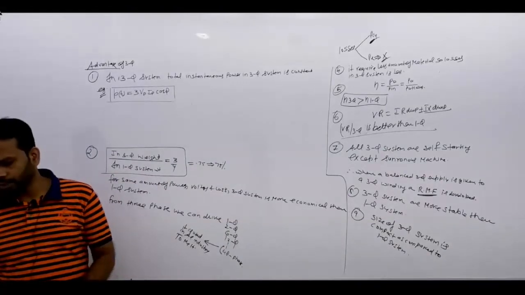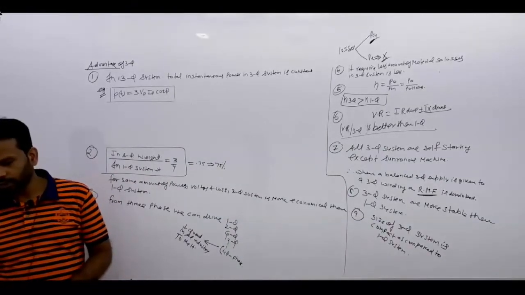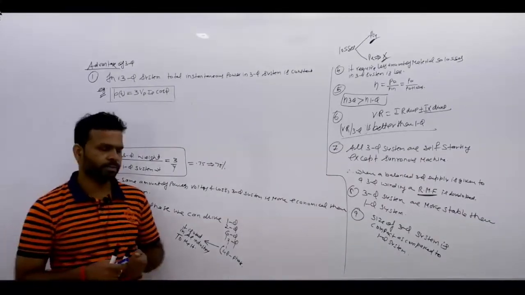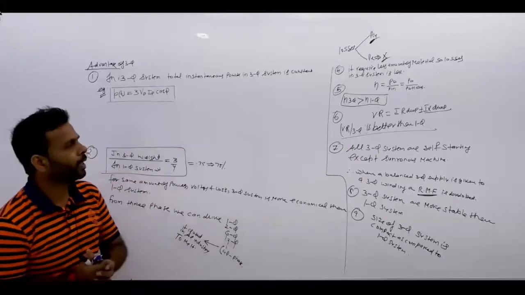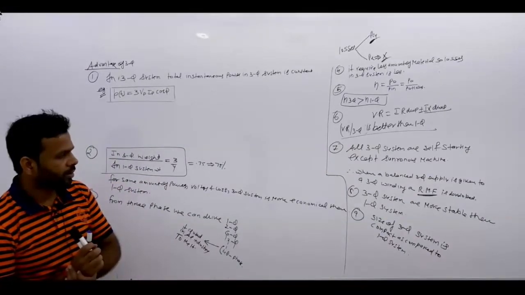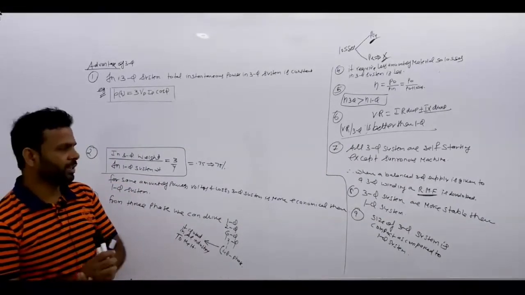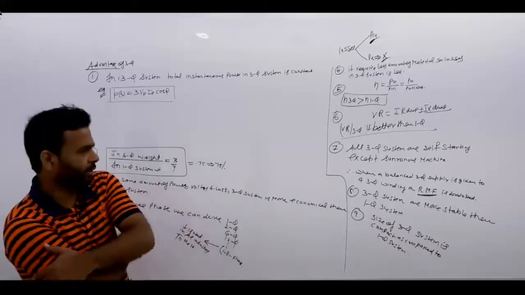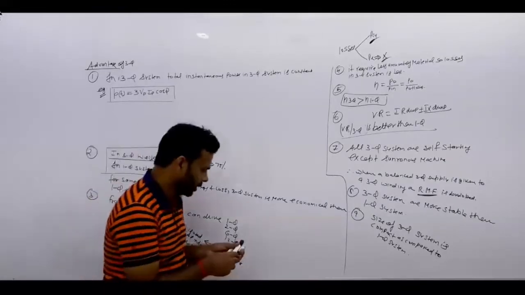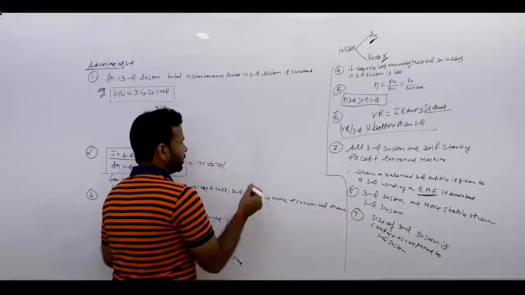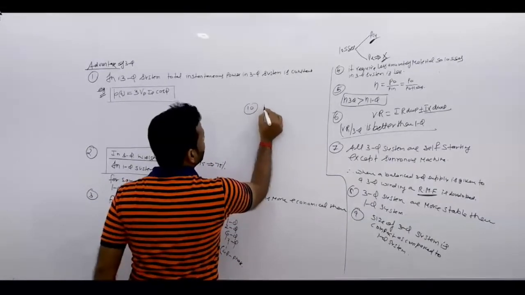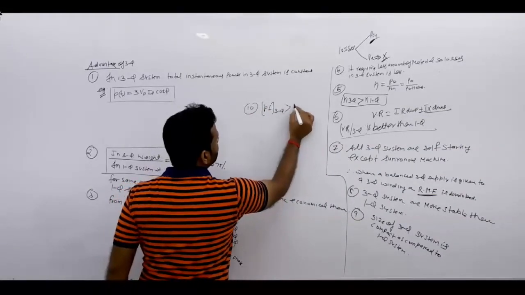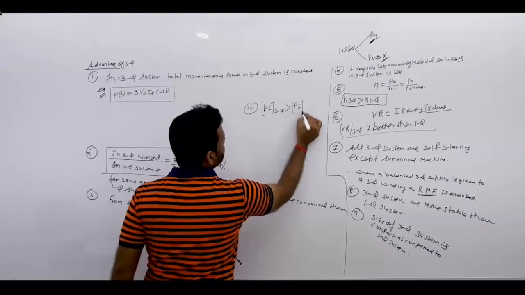And one more advantage: the power factor of a three phase system is better than that of a single phase system, and the parallel operation of machines is very easy in a three phase system as compared to a single phase system. You can write: the power factor of a three phase system is better than the power factor of a single phase system.